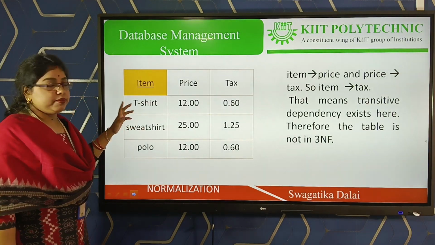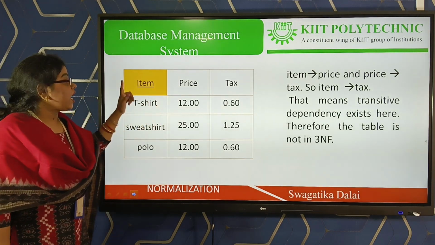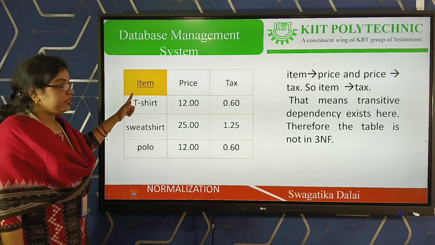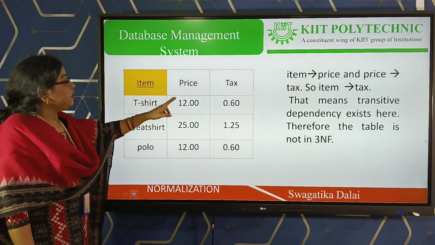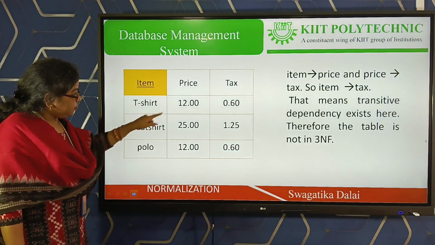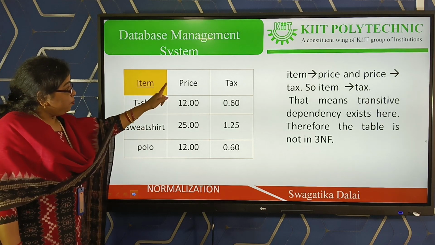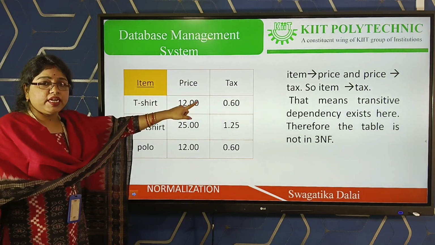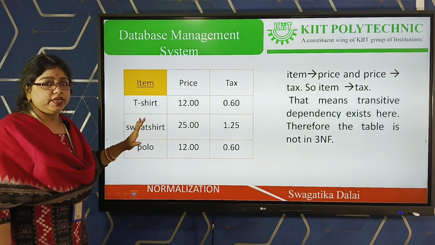You can see the table here, three attributes are there: item, price and tax. Item is the primary key here, and price and tax are the non-key attributes. All the values are atomic in nature, so it is in 1NF. Both price and tax, the non-key attributes, are fully dependent on item, so the table is in 2NF.